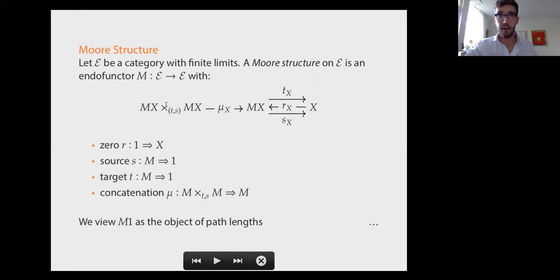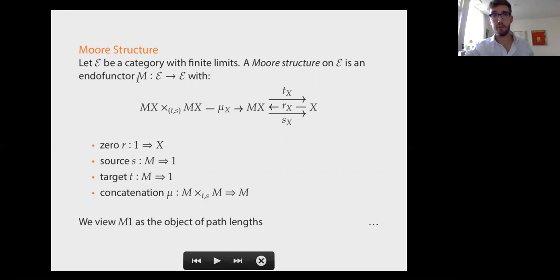It basically looks like this. For every X we have such an object MX. It looks like an internal category, and it is an internal category. We write concatenation rather than composition for bureaucratic reasons. A Moore path in X has a target and a source. There's a notion of trivial path and a notion of composition given by mu.